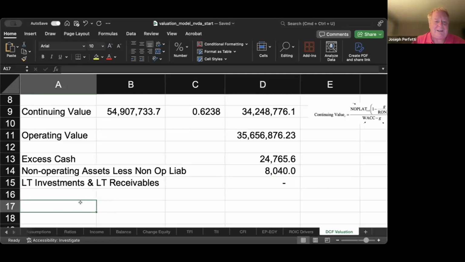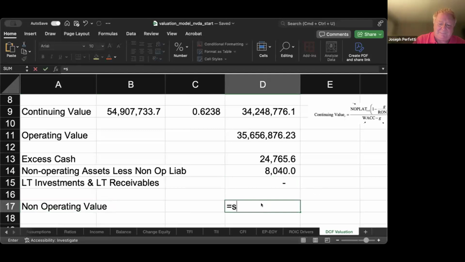So if we add up all these three, that becomes the non-operating value of Nvidia, which is the sum of these three, D13 to D15.